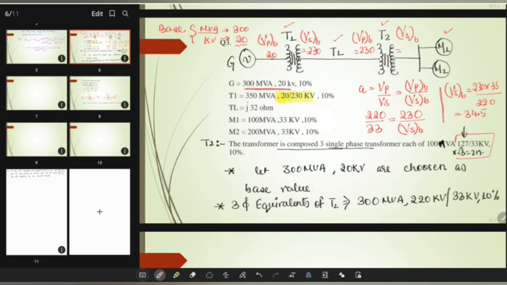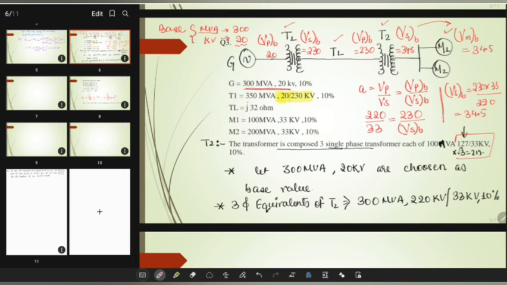So Vs base will be 34.5 kV. Okay, now what will be the base value of the motor? This will be same as 34.5.